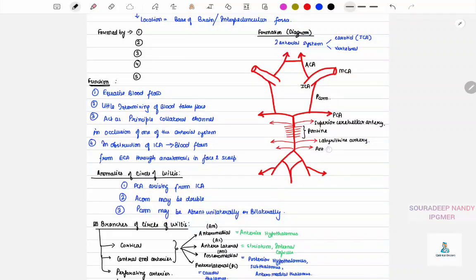This is the anterior inferior cerebellar artery, which is the first branch of the basilar artery, and this is the vertebral artery, which forms the basilar artery, and this is the posterior inferior cerebellar artery, and this is the anterior spinal artery. The vertebral artery also gives the posterior spinal artery, and here is the anterior communicating artery. So this is the diagram of the circle of Willis. You must draw this.